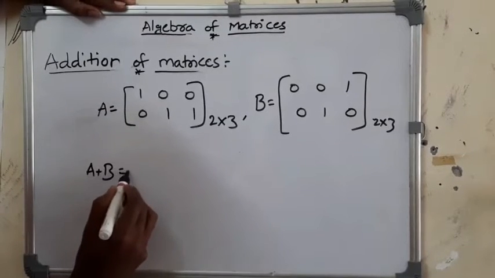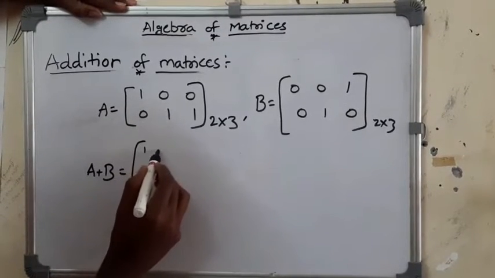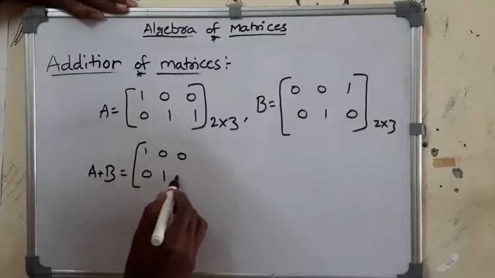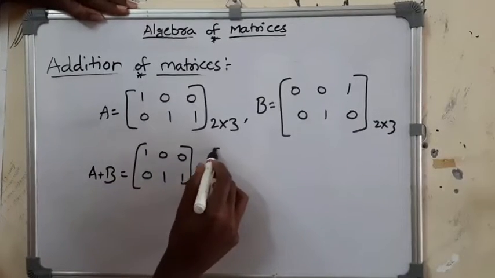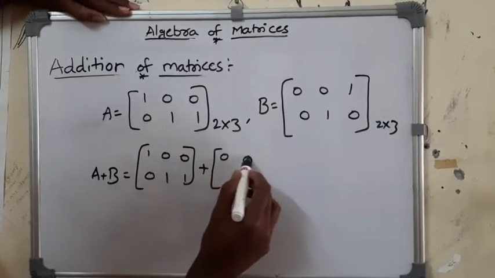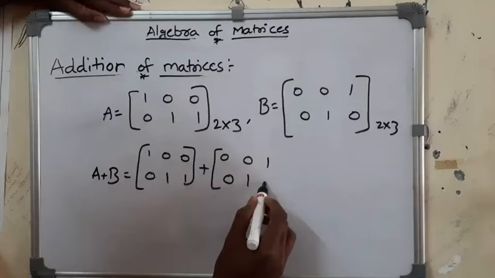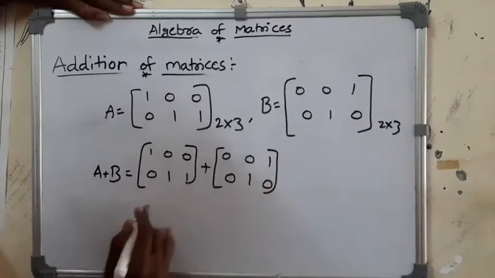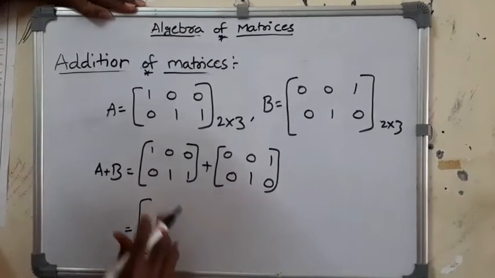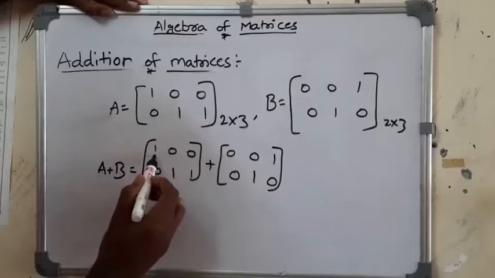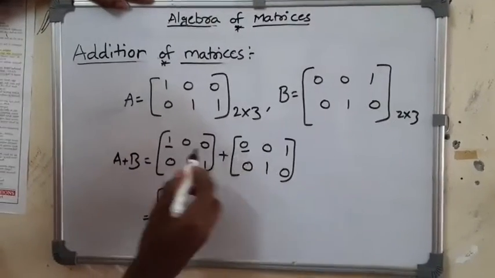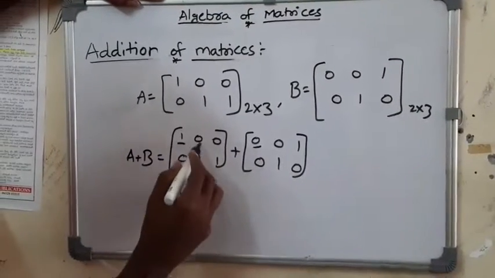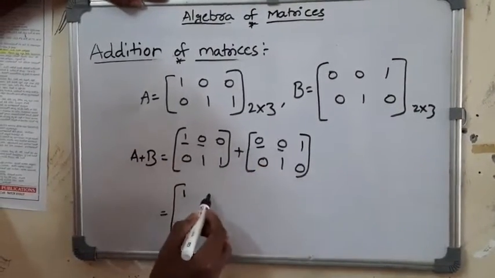Now A plus B is equal to 1 0 0 0 1 1 plus the B matrix 0 0 1 0 1 0. While adding matrices, we have to add the corresponding elements in each matrix. Here we have 1 and 0, 1 plus 0 is 1. Here 0 plus 0 is 0.